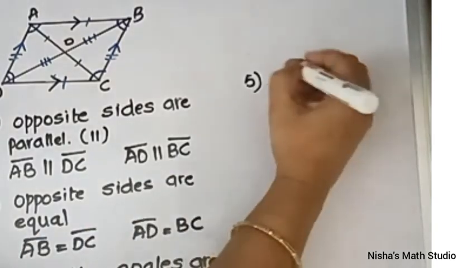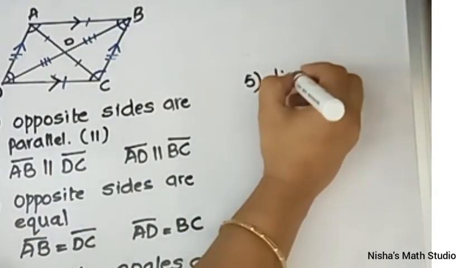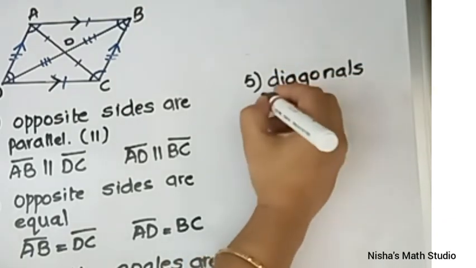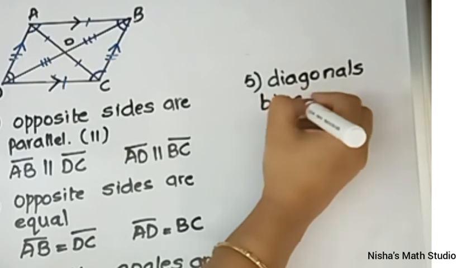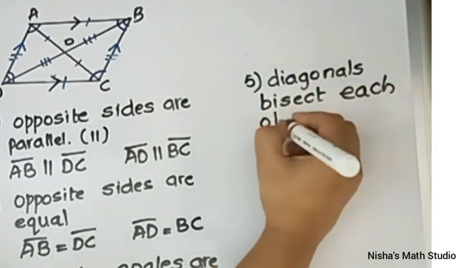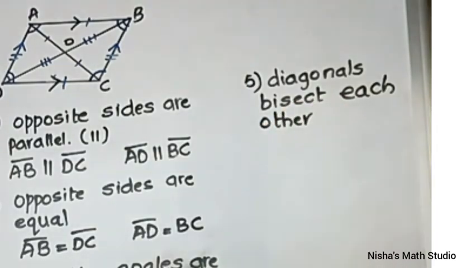How do I write it? Diagonals bisect each other. Bisecting is cutting it into two equal halves.